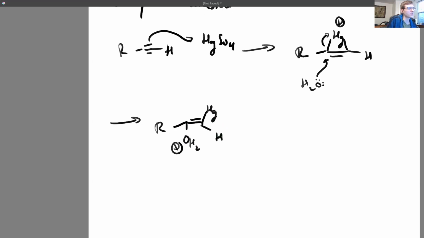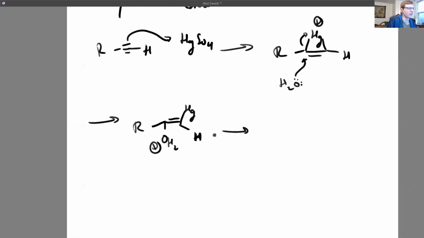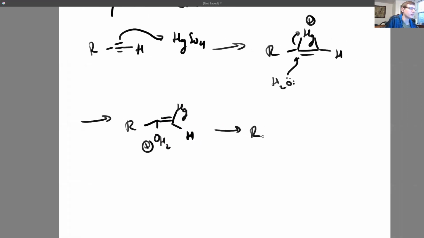And so we have this. Okay, and we could deprotonate, that's not bad. And so we have our mercury and our hydrogen left on here. Okay. And anybody want to fill in the rest? How do we get rid of this mercury?